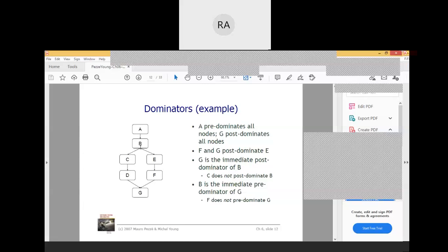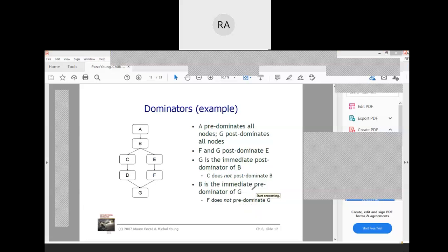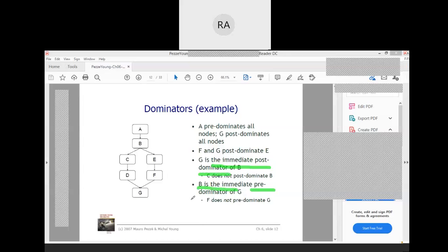Okay, then what about B? B is the immediate predominator for G, not post. Please focus on the terms pre and post. G is going to be the immediate post dominator, whereas B is going to be the immediate predominator of G. You cannot say F is the predominator of G, because as per the definition of immediate post and predominator, G and B are satisfying those conditions.